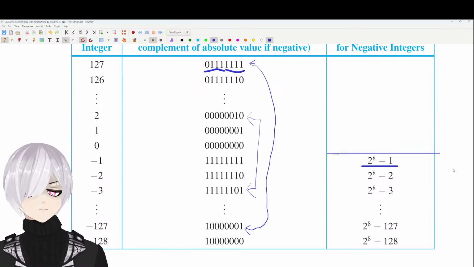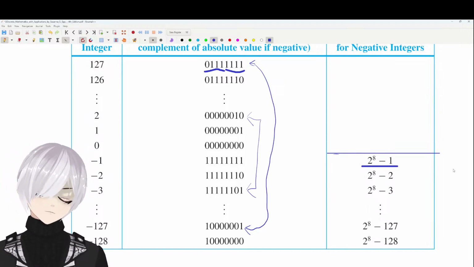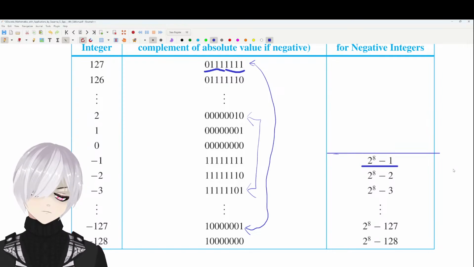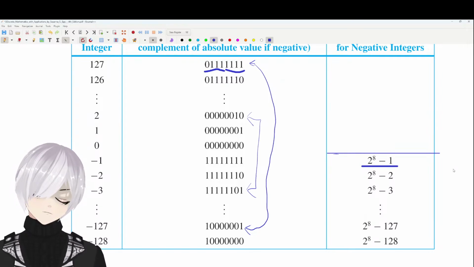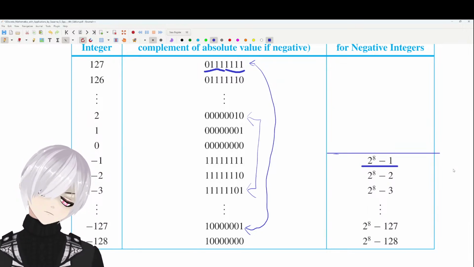Well, this is kind of like the procedure if you were starting with the decimal representation and you wanted to find the binary representation: you have the negative number, then you take its absolute value, then you take the two's complement in binary notation. I see.